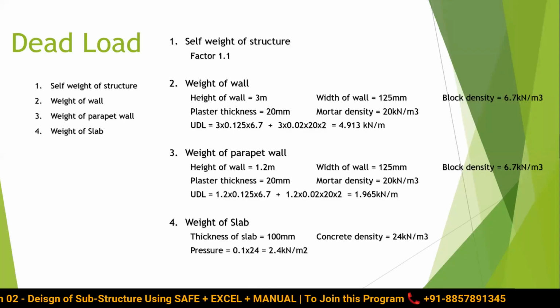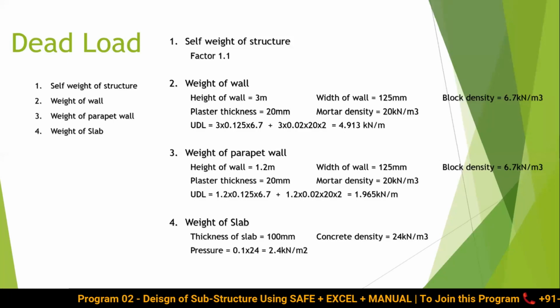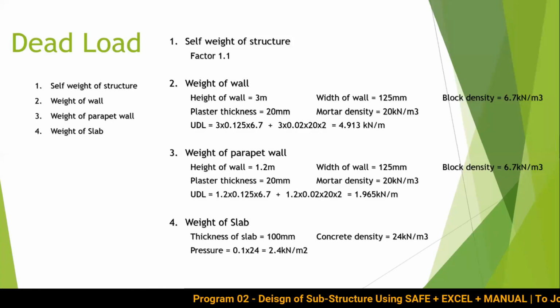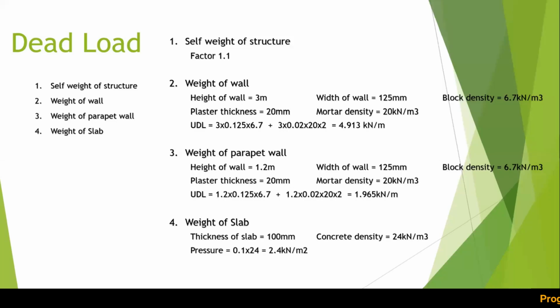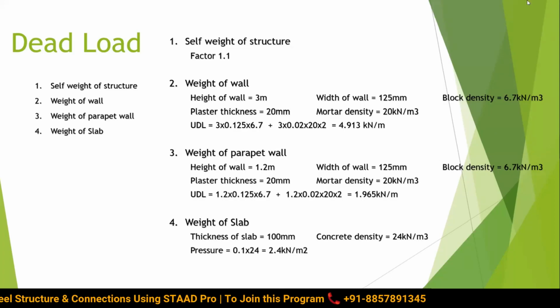This additional factor accounts for the connection between two members, because Staad is only analyzing the members. It is not considering the connection. So to also consider the weight of the connection, we use this factor, and it will depend on the structure and the experience of the engineer.